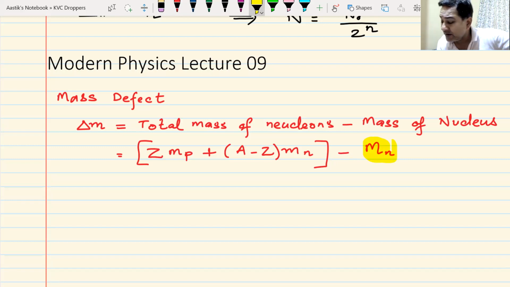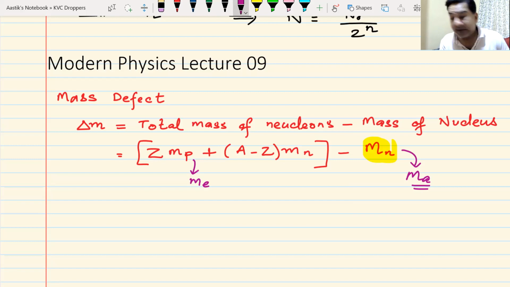So if I have the mass of the atom Ma, here I will add the mass of the electrons Me. Do we understand this? Yes, sir. Great.